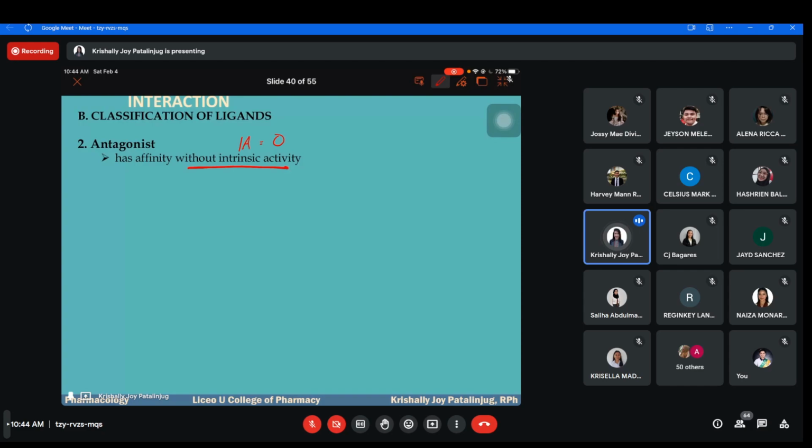Okay, kasi zero na yung intrinsic activity. Wala siyang kinikerry na ganon si antagonist. Okay? So, wala talaga siyang ability to activate, may it be increasing the response, the effect of that receptor, or lessening or preventing or decreasing the receptor's activity or the basal receptor activity.